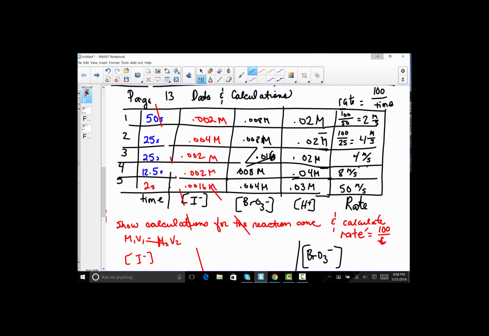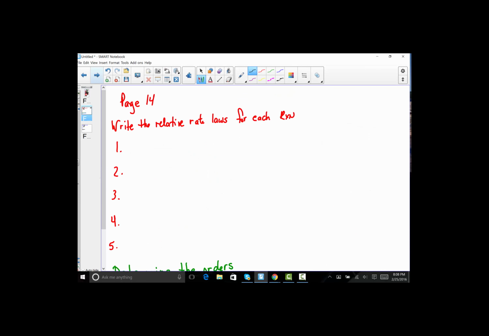Let's go ahead and take a peek at our next page. This is page 14 in our report, to write the relative rate laws for each reaction. And this has a flavor very similar to last week.